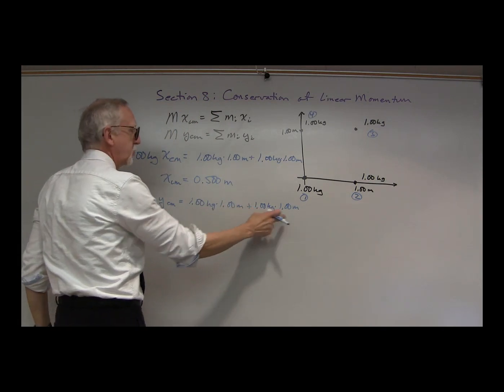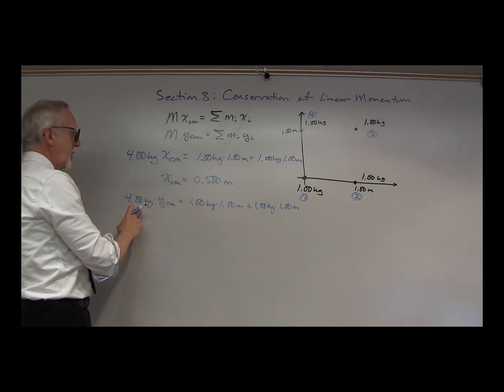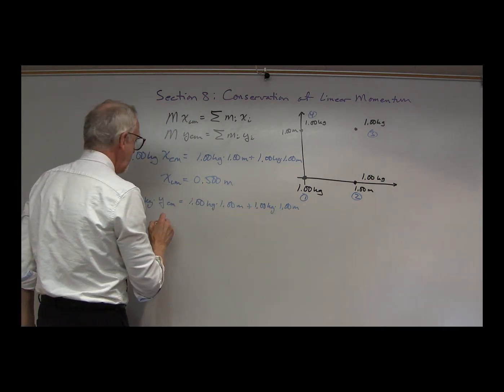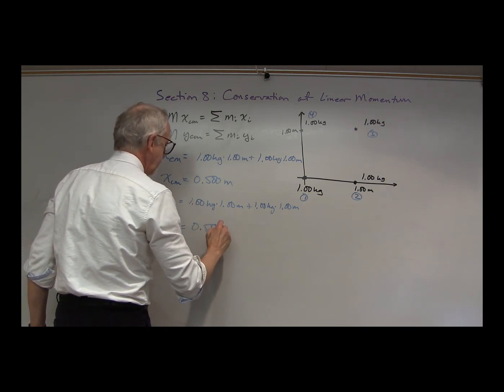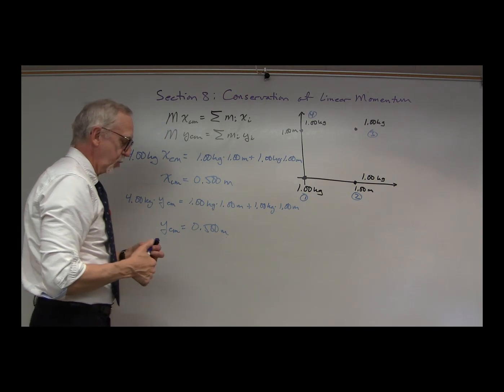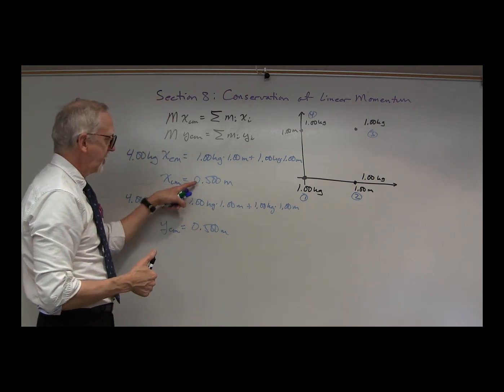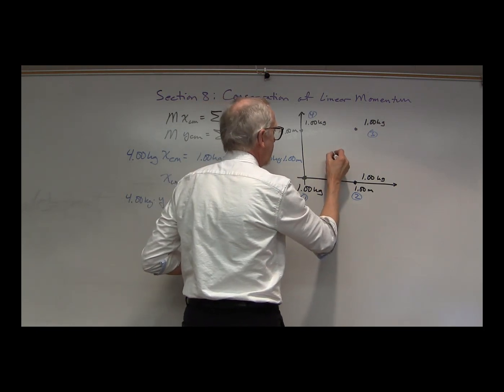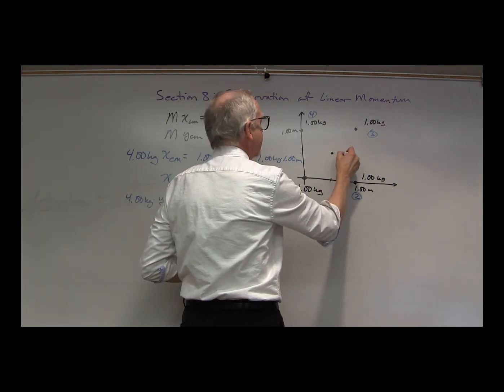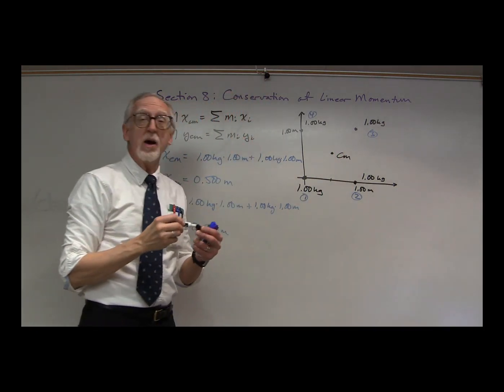Again, 1 times 1 plus 1 times 1 is 2. Divided by 4 is 1/2. y center of mass equals, again, 0.500 meters. In other words, the center of mass is at the point 0.5 meters, 0.5 meters, which is right here. Right in the center of the square.